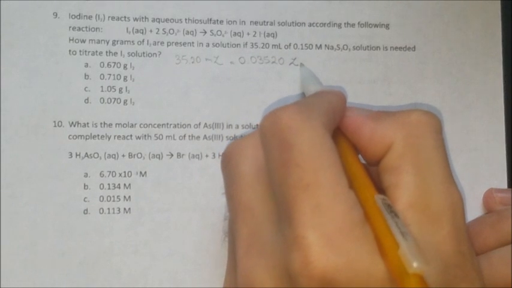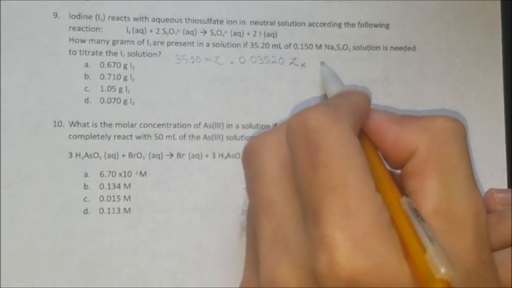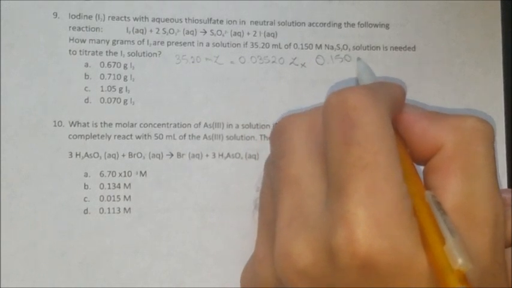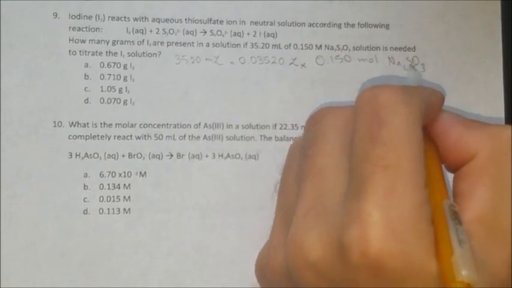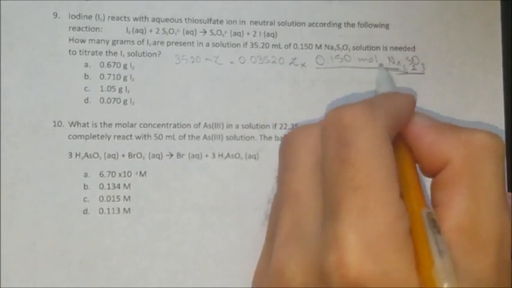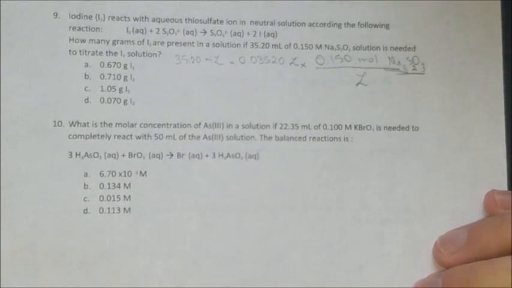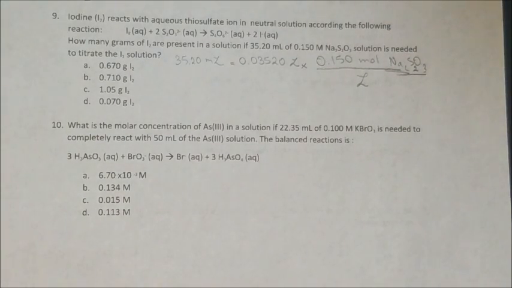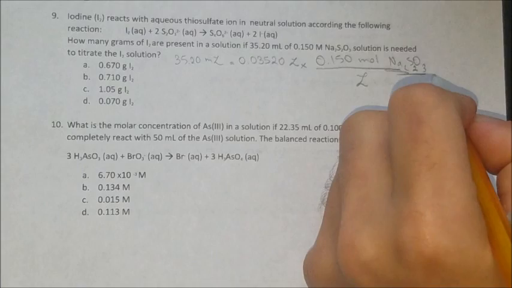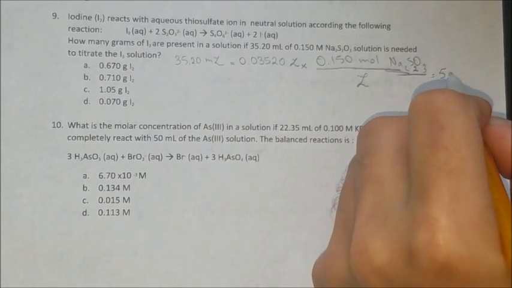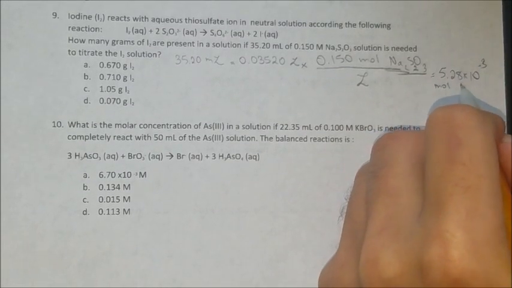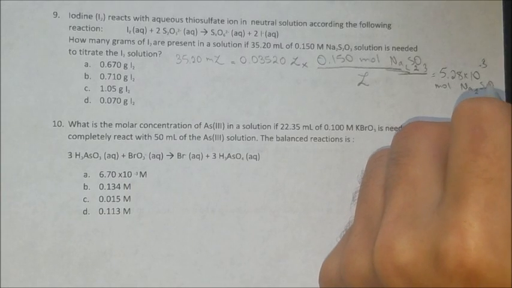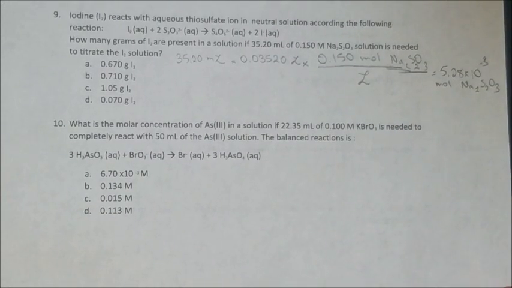So, foreshadowing that, we'll go ahead and use the molarity and convert into moles of sodium thiosulfate. That's going to give me 5.28 times 10 to the negative third moles of sodium thiosulfate.